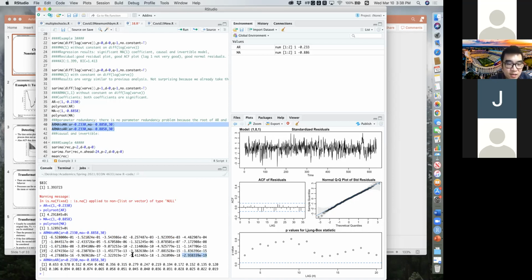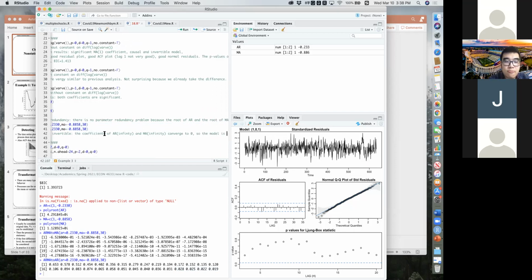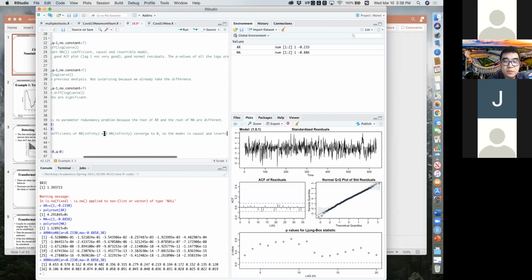You can easily see that the coefficients converge to 0, so they become smaller. Similarly, for the ARMAtoAR representation, the coefficients also go to 0. So the coefficients of AR infinity and MA infinity converge to 0, and the model is causal and invertible.